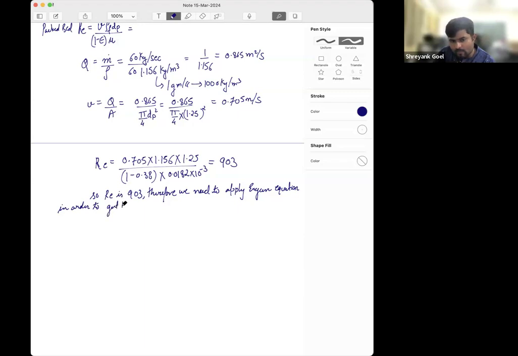Delta P into Vs into dp into epsilon cubed divided by L rho V squared into 1 minus epsilon is nothing but 150 by RE plus 1.75.